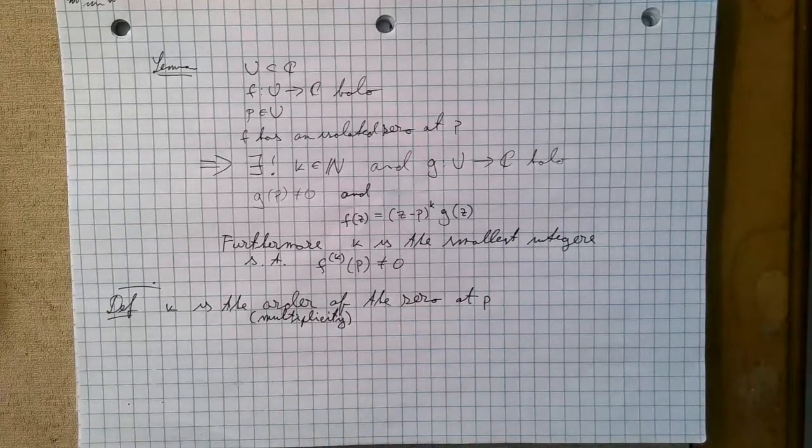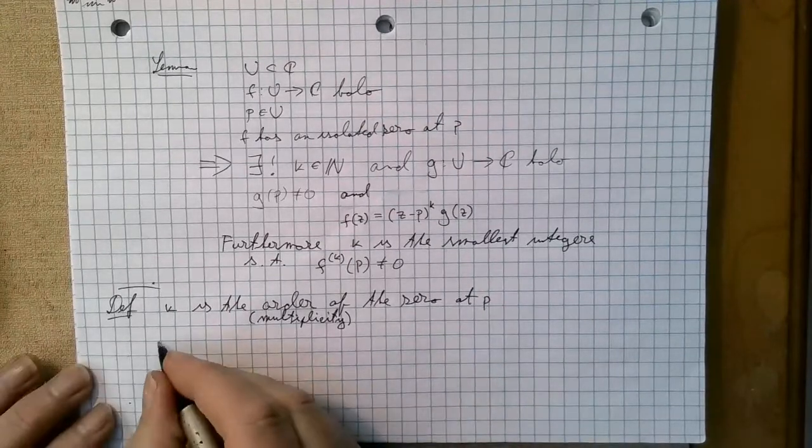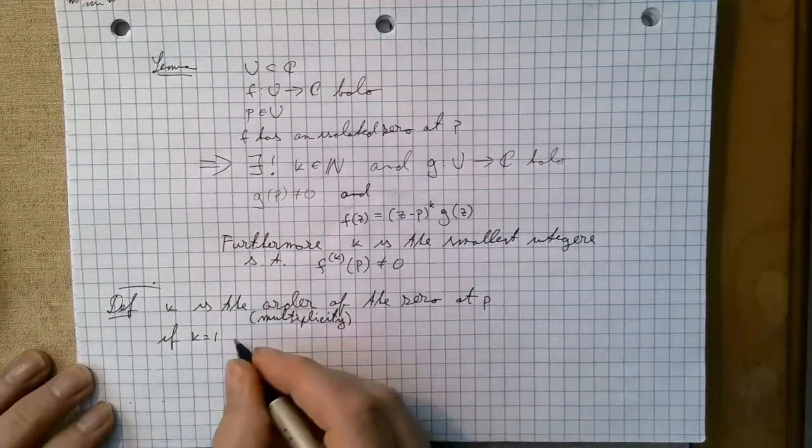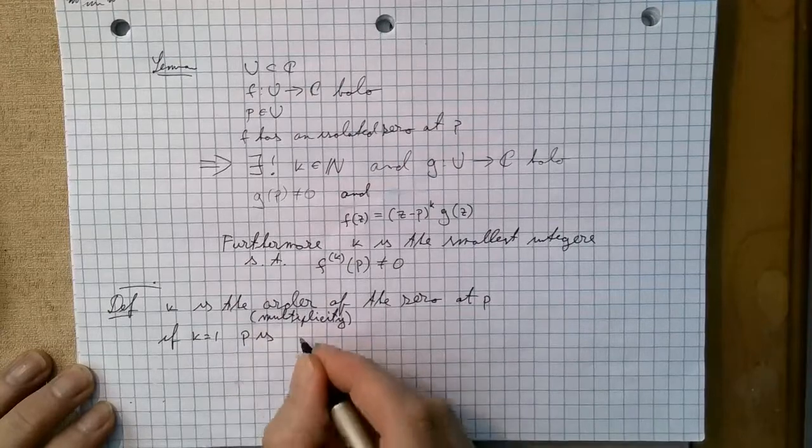The correct way of looking at it is that f is of order k at P, and P is a 0 of multiplicity k. But that's just a bit of language. And if the order is 1, P is a simple 0.